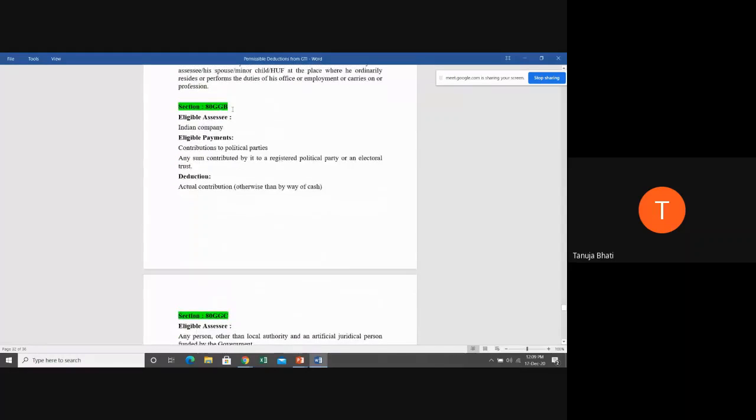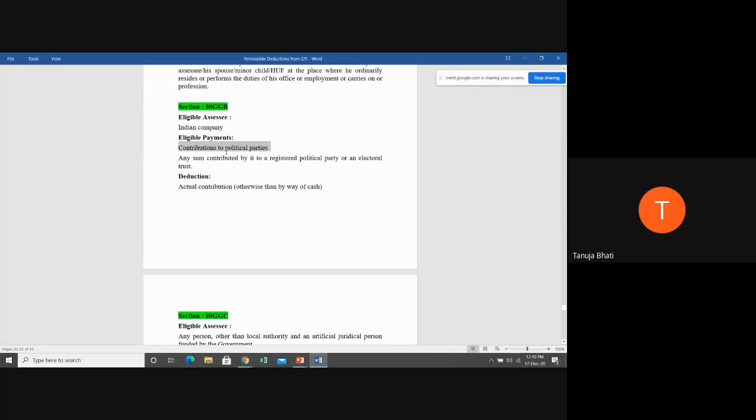Okay. Next, 80GGB. Remember, this deduction is given only to an Indian company, not to an individual, not to an HUF. It is given only to an Indian company when it is making a contribution to political parties.